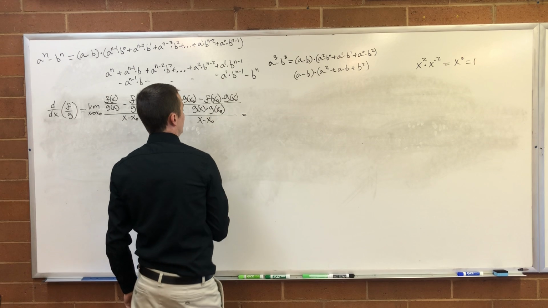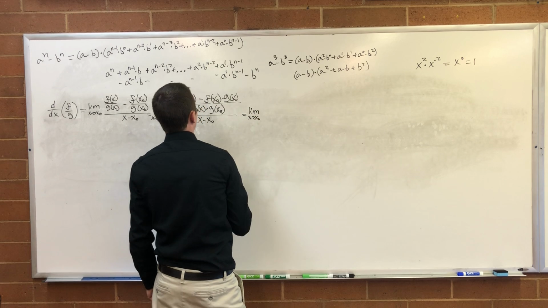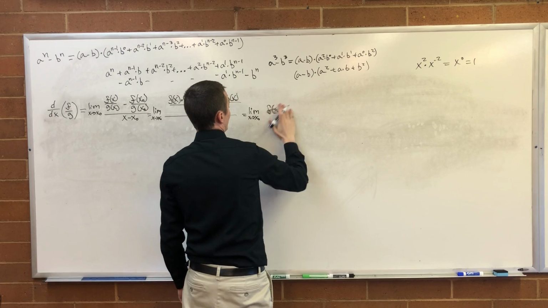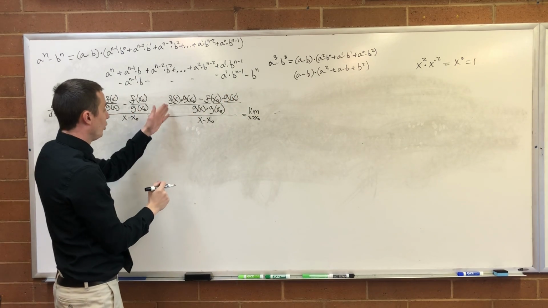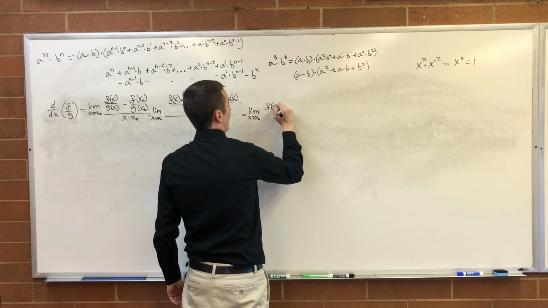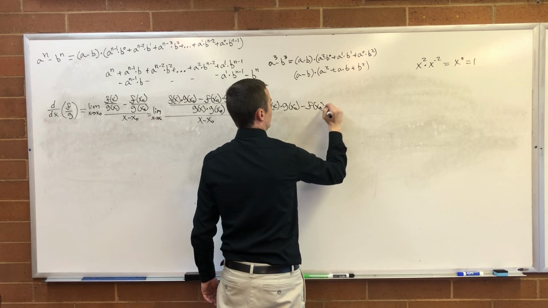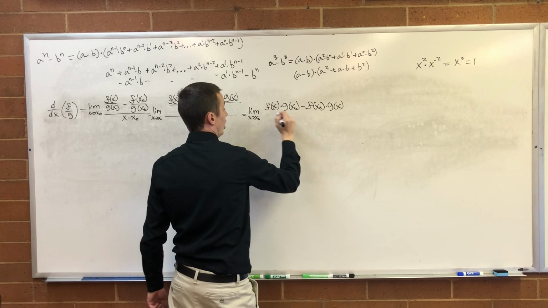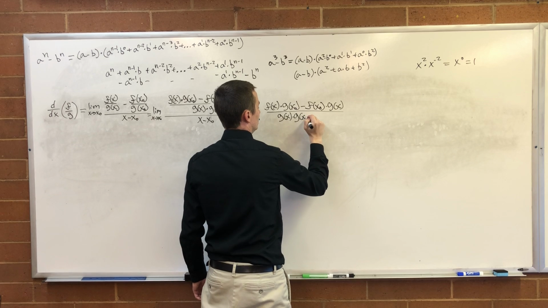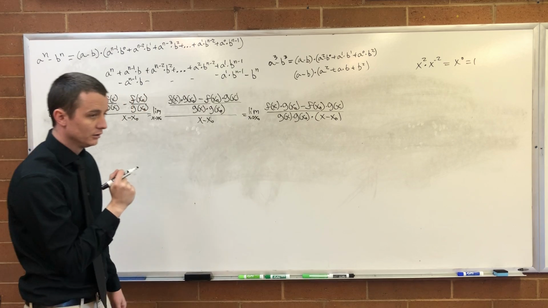So this is equal to the limit as x approaches x naught of, let's just do this one step at a time. f of x times g of x naught minus f of x naught times g of x, all over g of x times g of x naught times x minus x naught. Right? Okay.